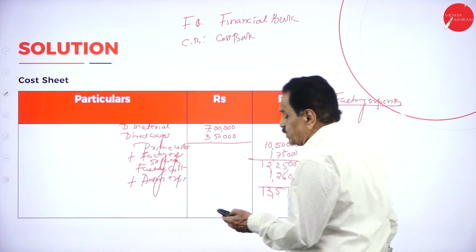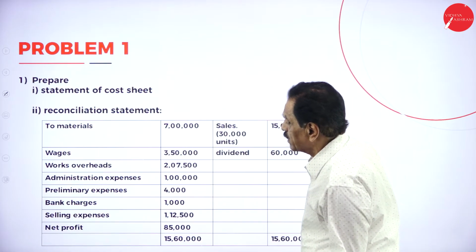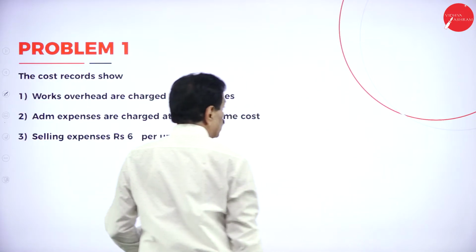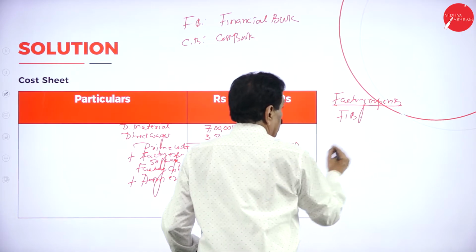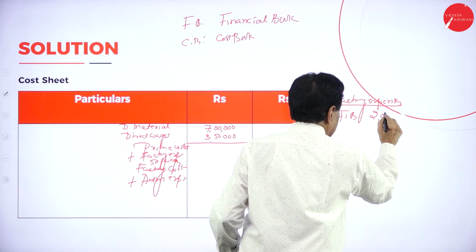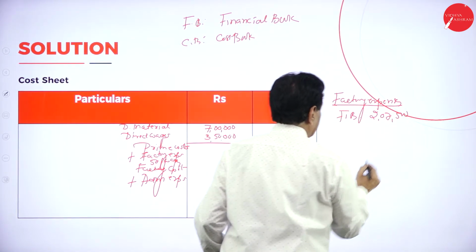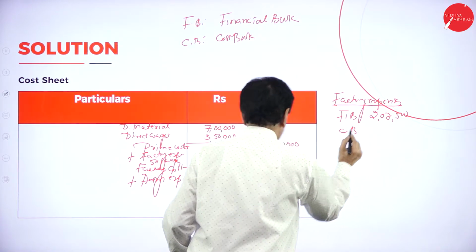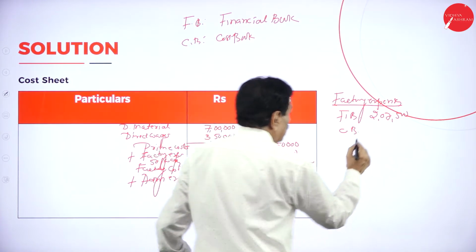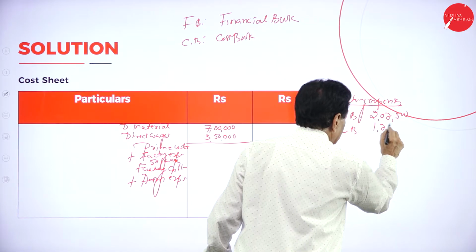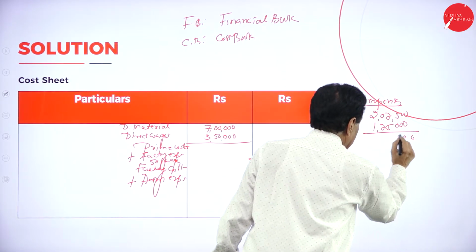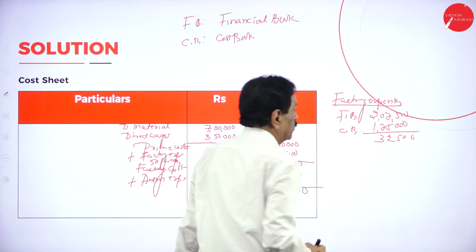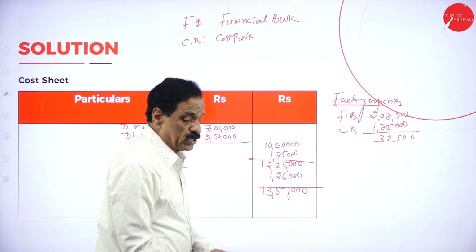What does your financial book say? Works overhead, 2,07,500 in FB. Cost book, 1,75,000. So there is a difference of 32,500.